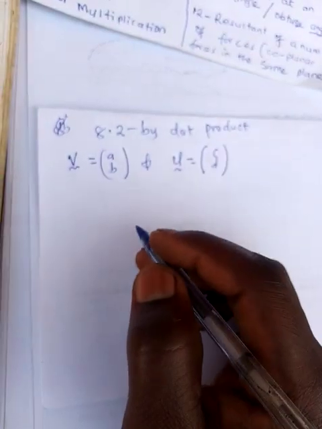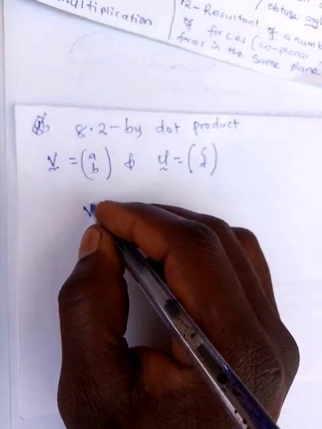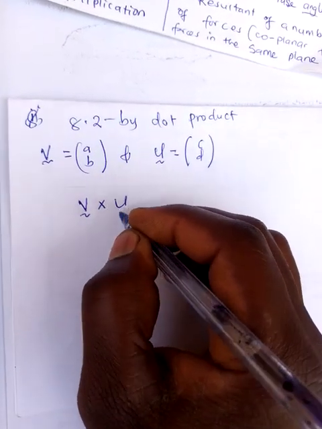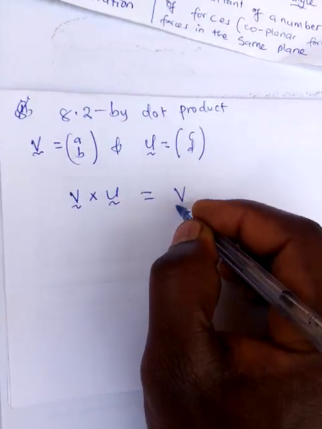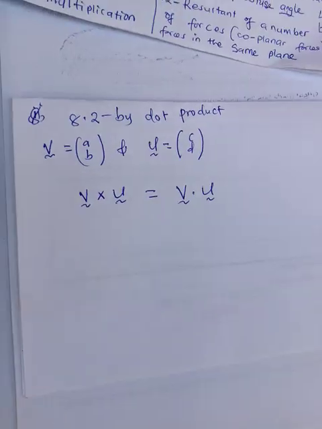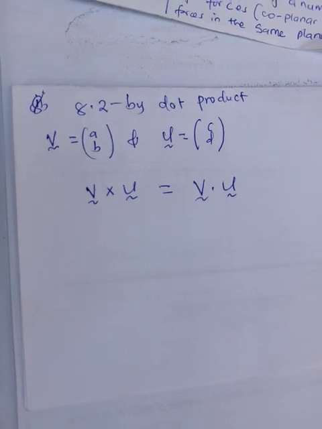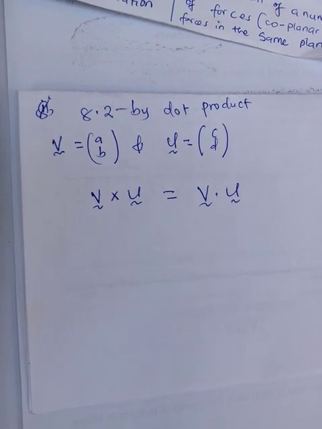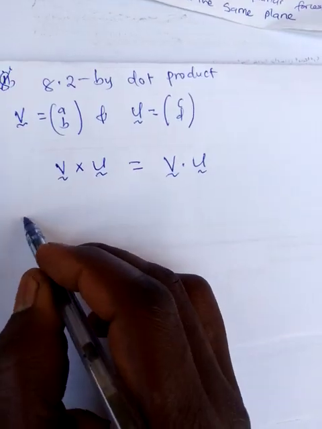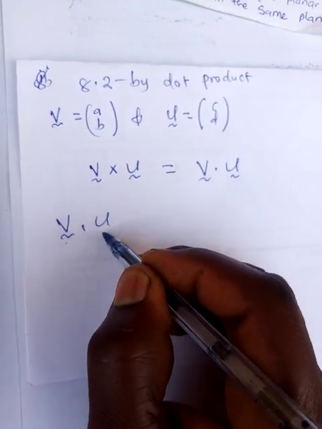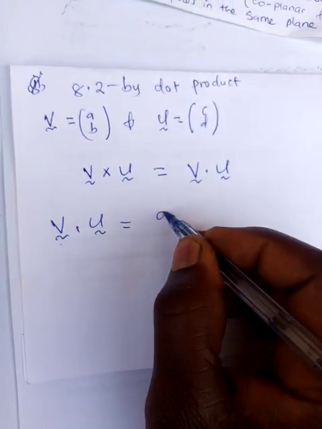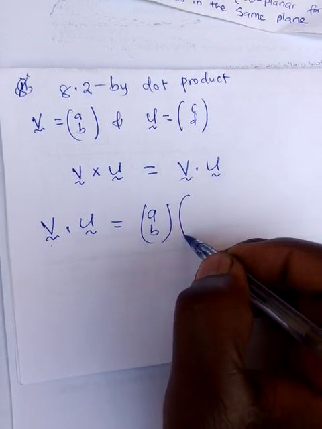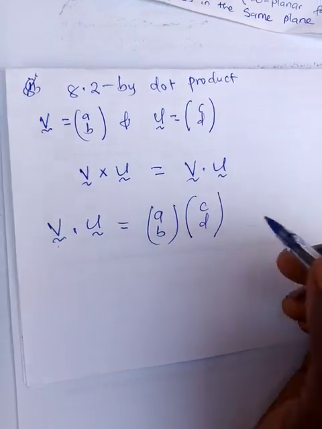Now, vector v times vector u is the same as saying vector v dot vector u. So that is dot. So vector v dot vector u is the same as a, b dot c, d.